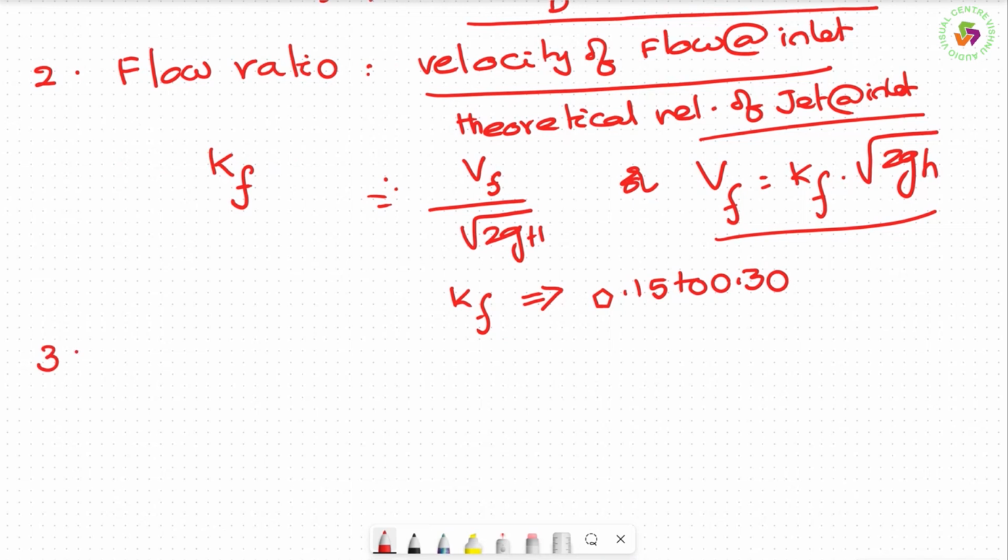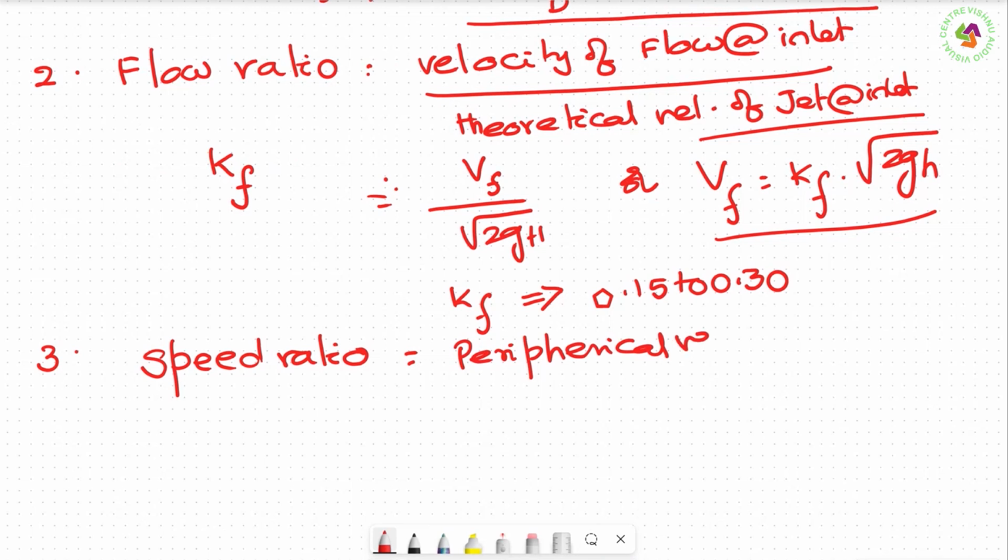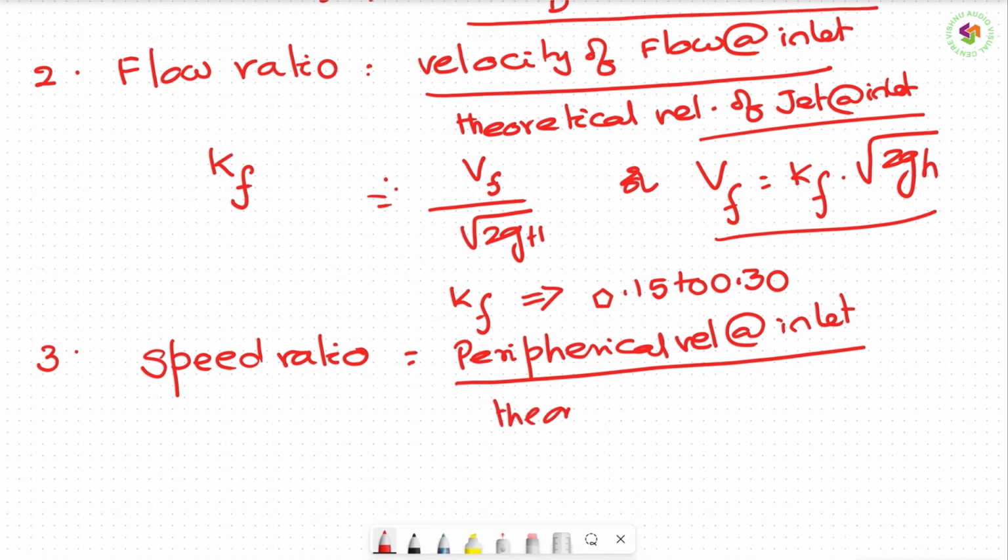The third proportion is the speed ratio. Speed ratio is basically the peripheral velocity at inlet to the theoretical velocity of runner.